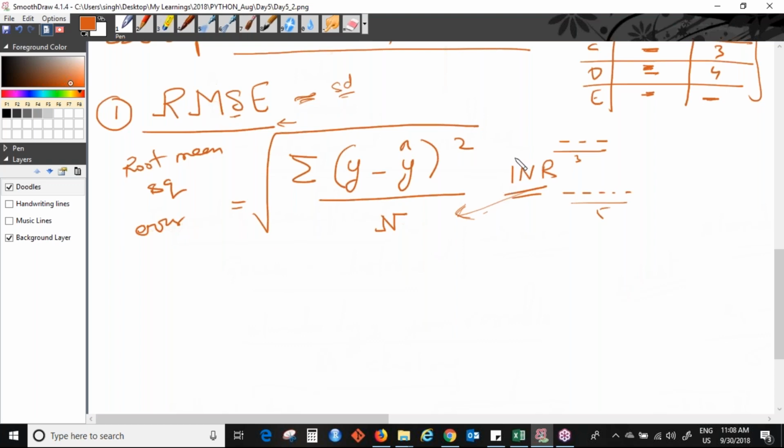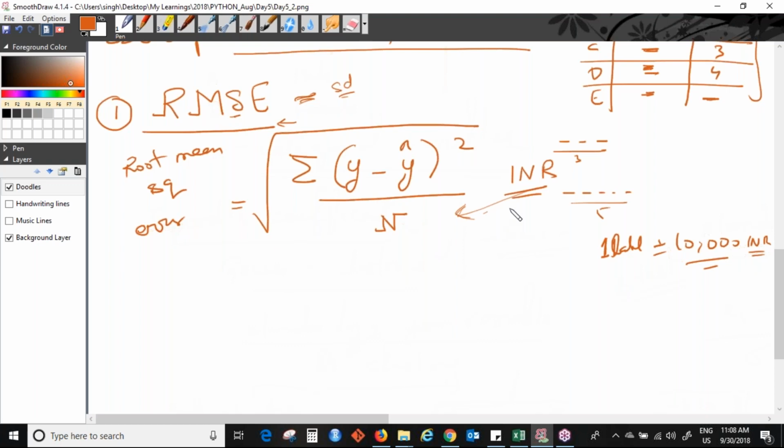That means if the actual price is 1 lakh, the price you predict will be either 1 lakh 10,000 or 90,000. So 1 lakh plus minus 10,000. On an average, your model is making an error of 10,000. This 10,000 is the RMSE. It is in rupees, so you can easily compare.